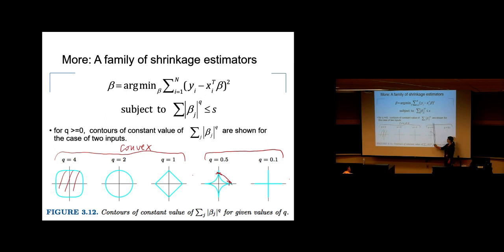So in the end, all the regularized versions use a norm larger than 1. Questions about this?